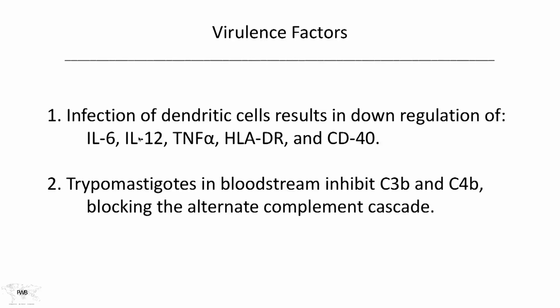First of all, the infection itself results in dendritic cells downregulating IL-6, IL-12, tumor necrosis factor alpha, some proteins associated with the major histocompatibility complex, and CD40, which is important for upregulation of immunity related to the Th1 response.